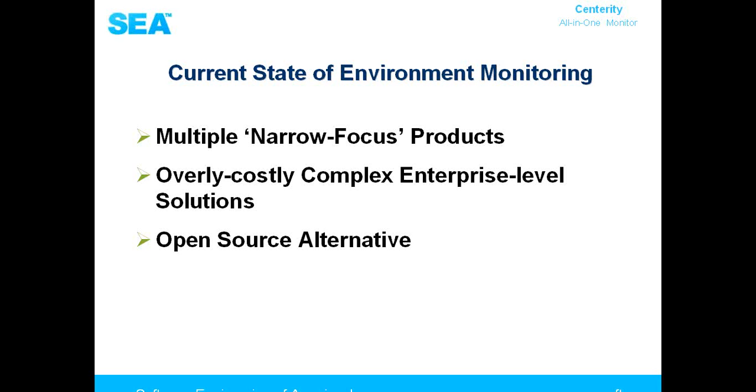We also have the big 4 enterprise companies, which are costly and complex to implement. These companies include HP OpenView, CA, Tivoli, and BMC. And finally, there are some open source products such as Nagios, which has its own pros and cons surrounding customization and maintenance.